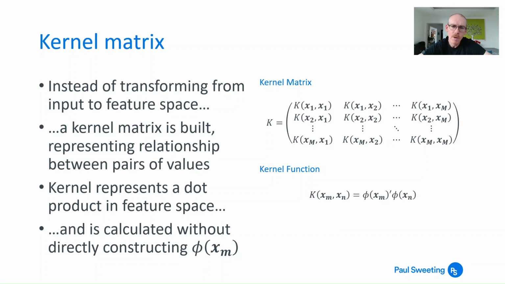Now what this means is that instead of transforming from the input to the feature space explicitly, if you build this kernel matrix which represents the relationships between these pairs of firms, then the kernel represents the dot product in feature space. And the neat thing about it, as we'll see, is that you can calculate it without directly constructing phi of xm.